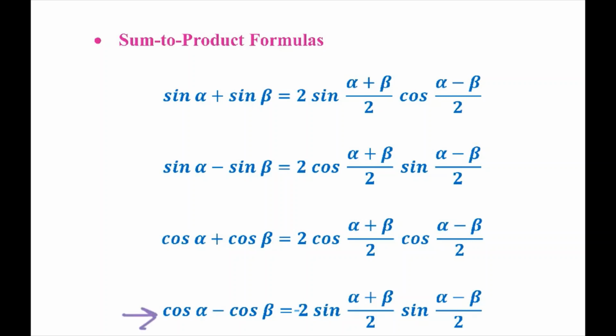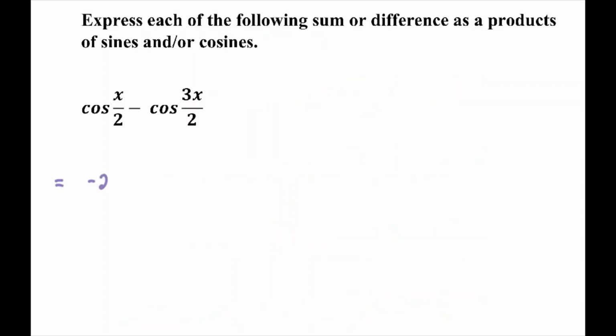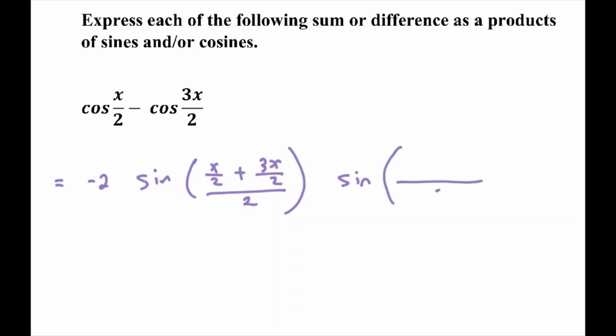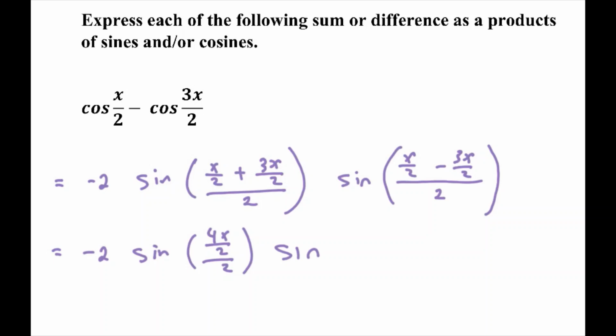So it will be negative 2 sine the sum over 2 multiplied by sine the difference over 2, which is equal to negative 2 sine 4x over 2 over 2 times sine negative 2x over 2 over 2.